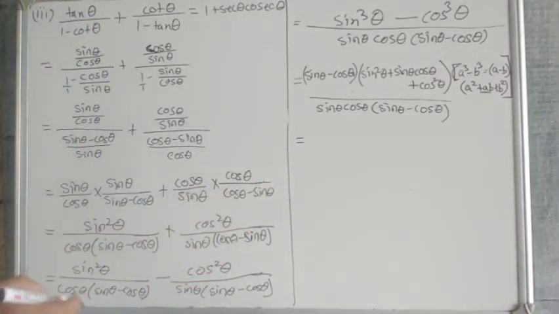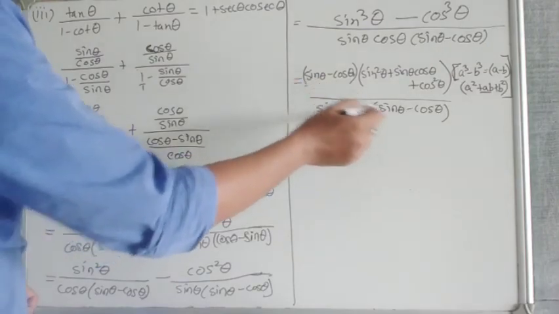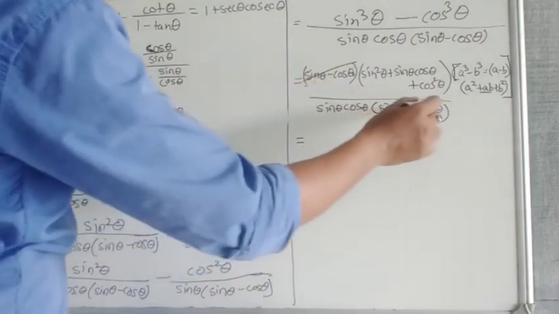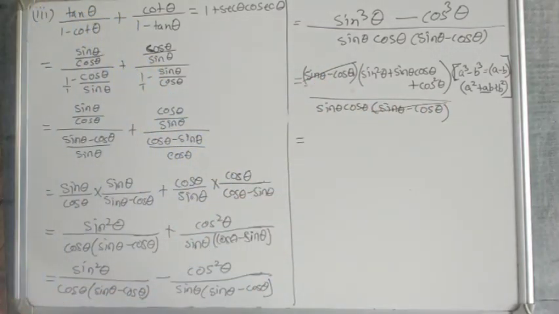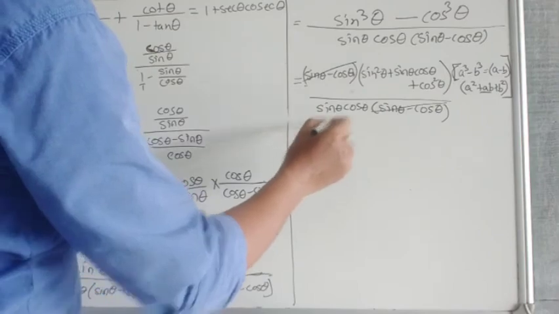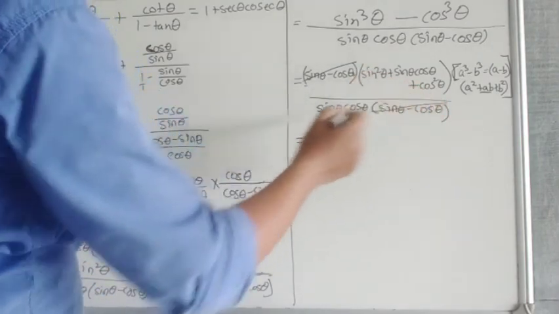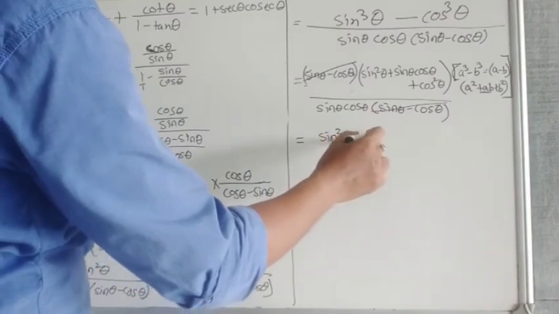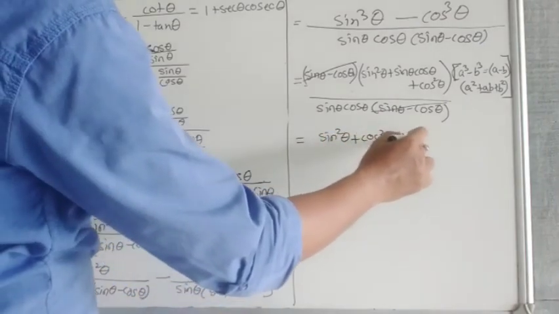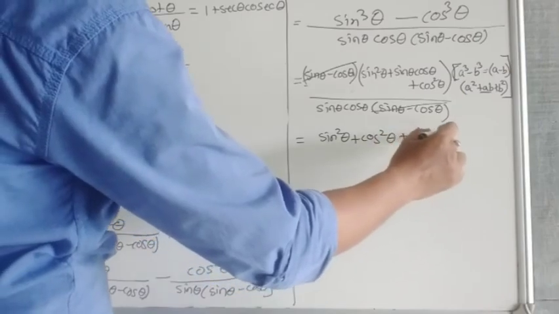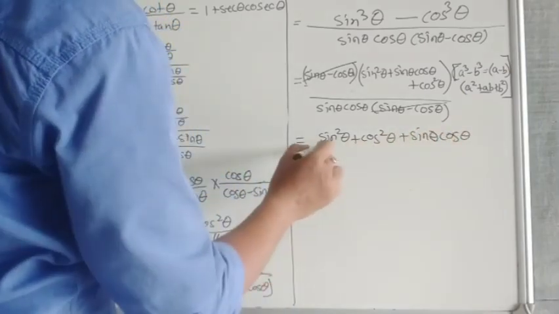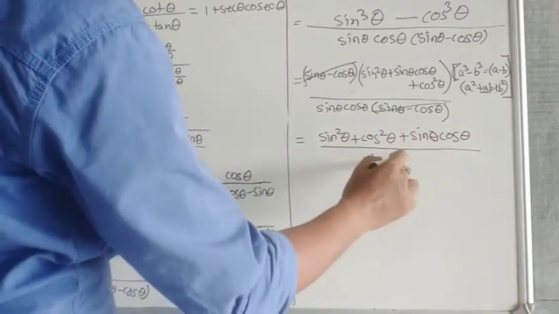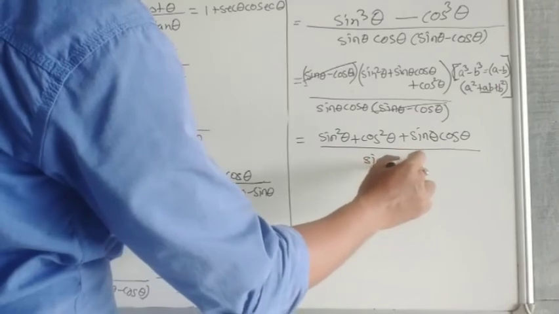Next step, you can see this sin theta minus cos theta and this sin theta minus cos theta are the same, no? So they get cancelled. Then this sin square theta and cos square theta I will write together: sin square theta plus cos square theta plus sin theta cos theta by sin theta cos theta.